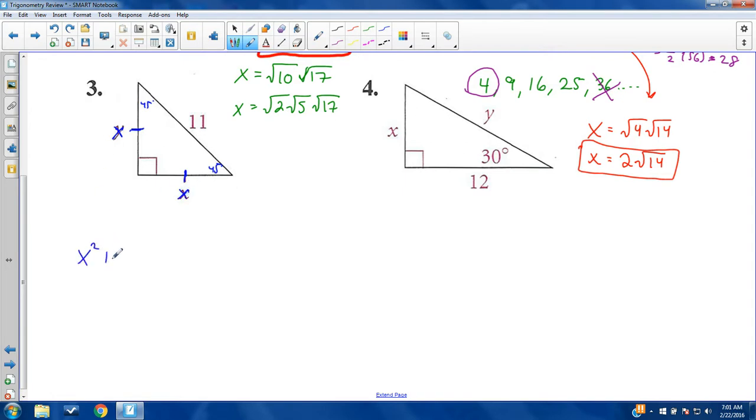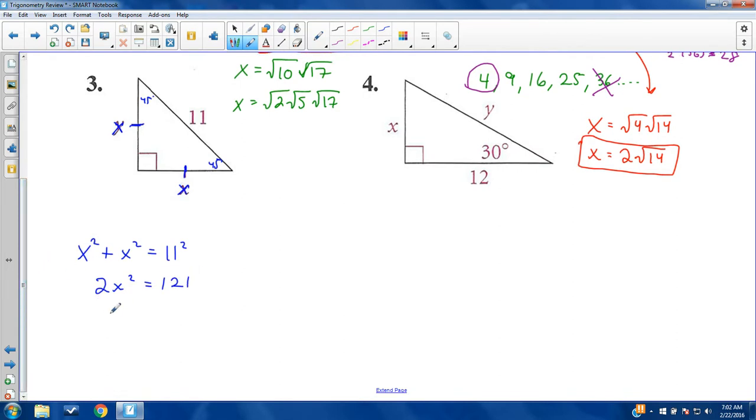So if I use Pythagorean theorem, I will get 2x squared equals 121. Now I'll get x squared equals 121 over 2. Therefore, x equals the square root of 121 over 2.